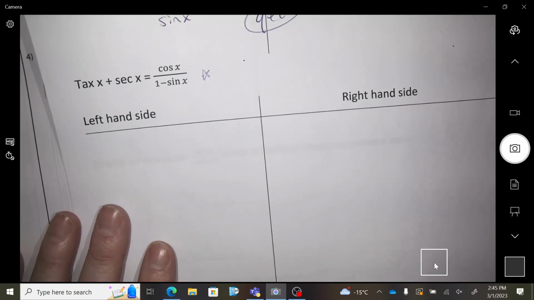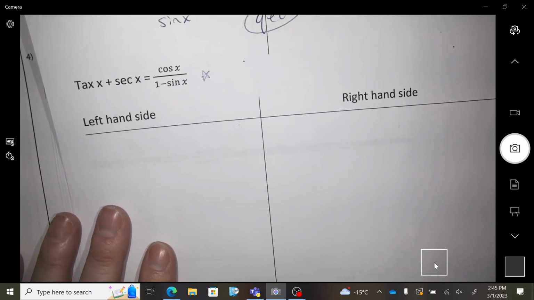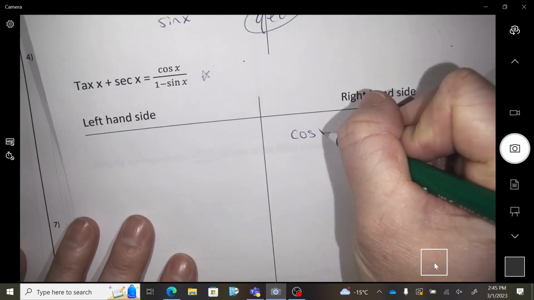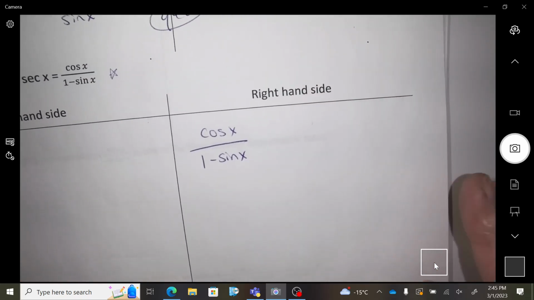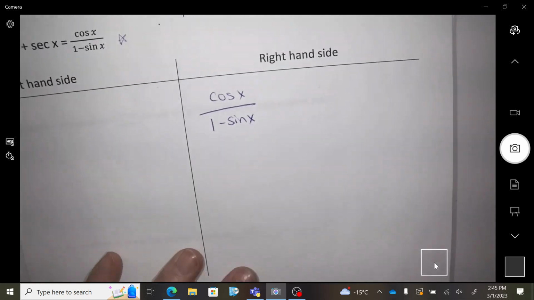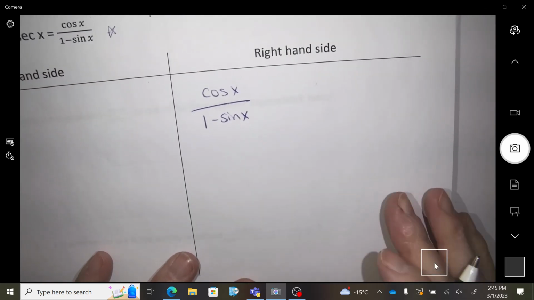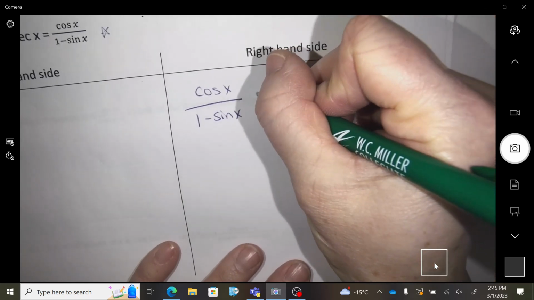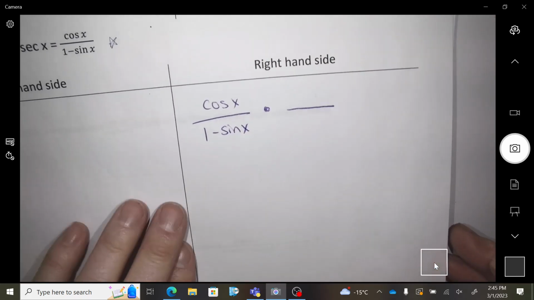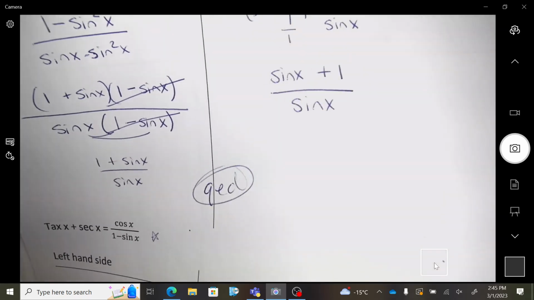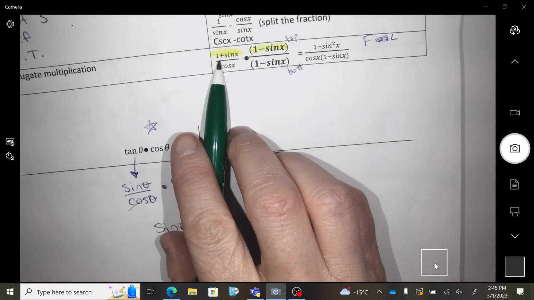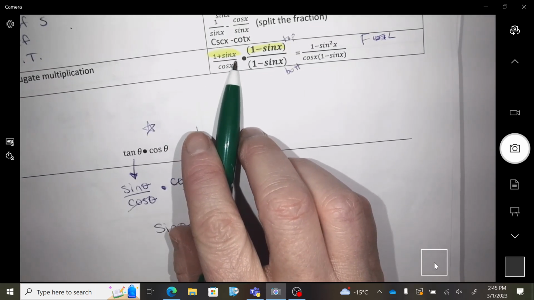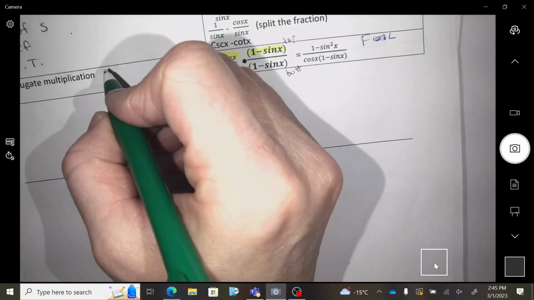And here's the reasoning, is because I'm going to do a conjugate. Okay, so I recognize this to be, hey, I should do a conjugate of something. How did you recognize that? 1 plus sine of x, or conjugate base.